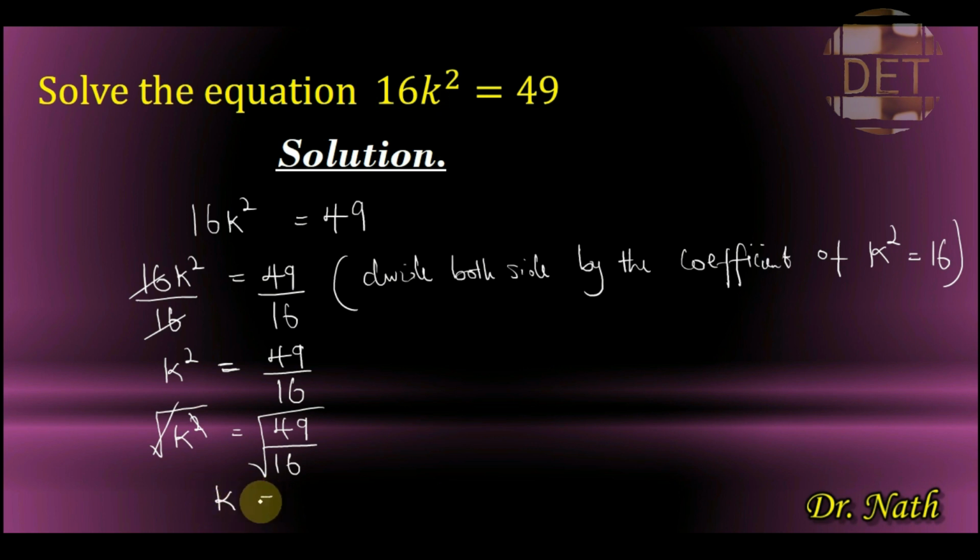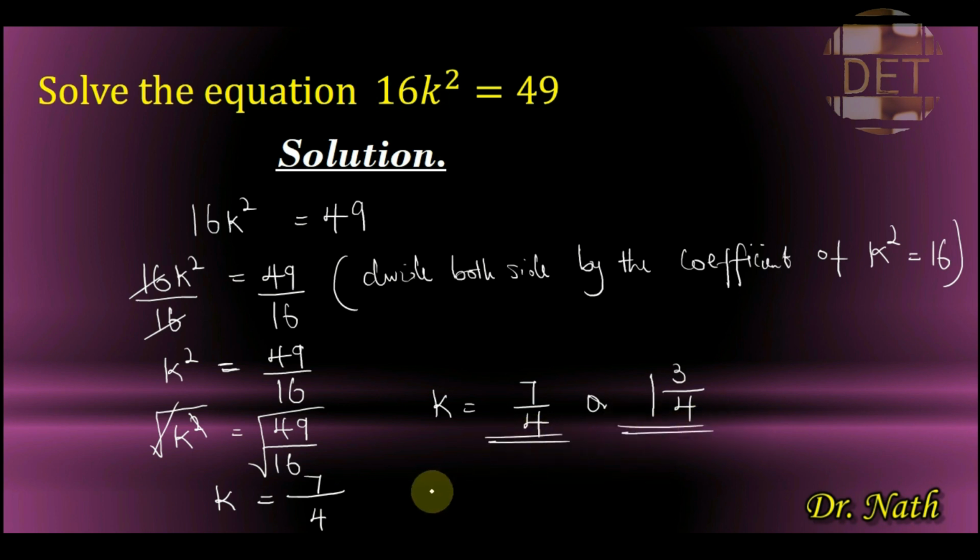So my k will now be equal to, the square root of 49 is 7 and the square root of 16 is 4. So my k is equal to 7 all over 4, or one whole number 3 all over 4. This is my answer. So k is equal to 7 all over 4, or 1 whole number 3 all over 4.